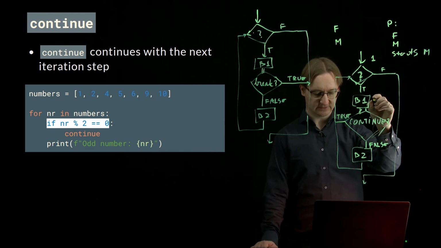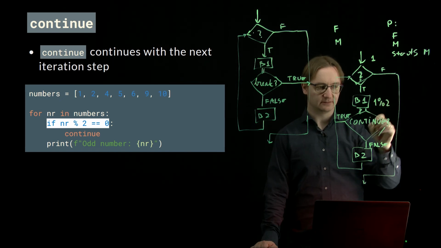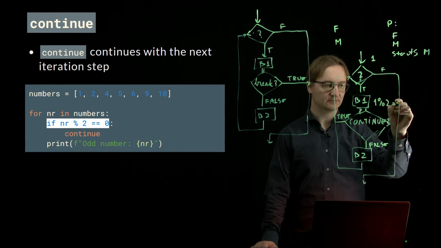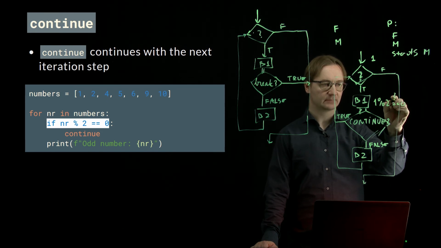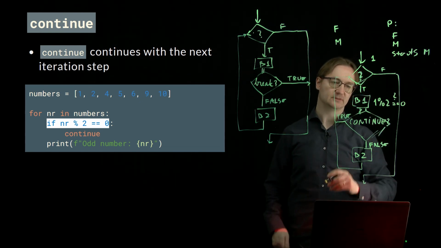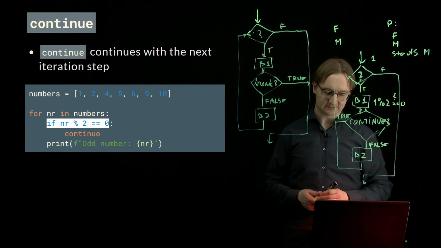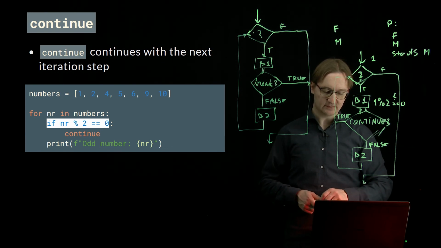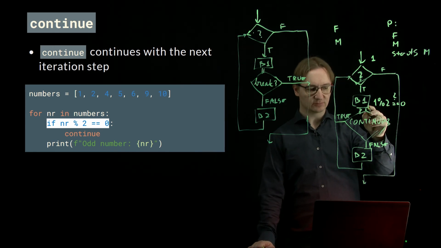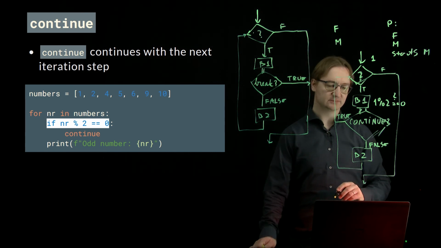Here I check whether the number 1 modulo 2 is 0. Because 1 divided by 2 gives us remainder 1, this is false. And then we don't go into continue and we go into this print sentence.